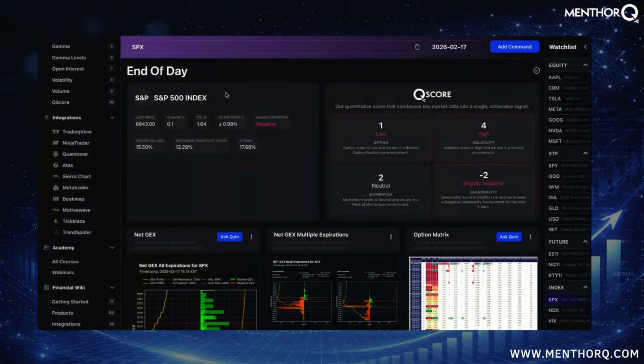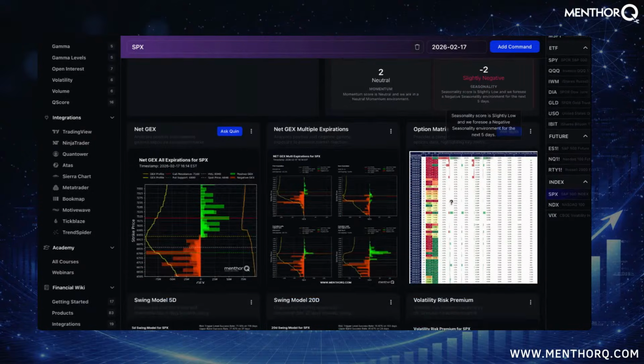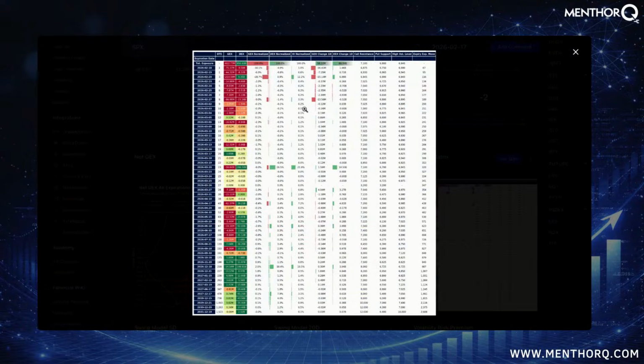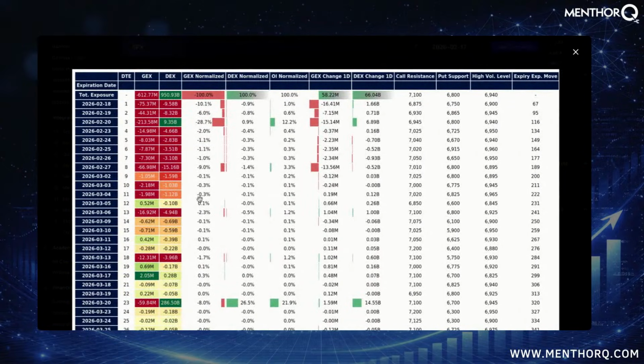So before I pass it on to Maciej, we want to look at positioning, right? So here we see that something is building up on SPX. We're still in a negative gamma environment, and we did have a little bit of positive gamma piling up compared to the previous week.